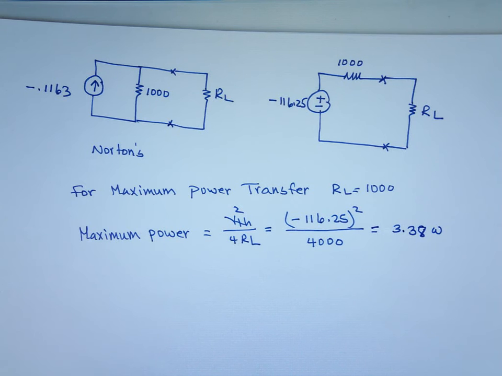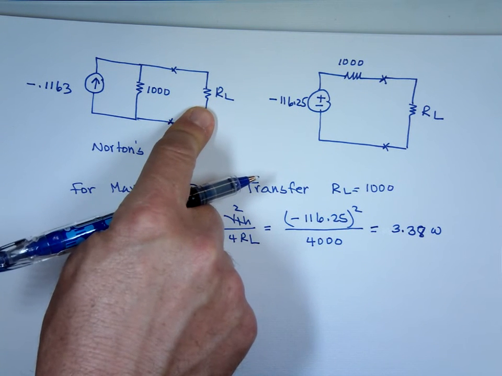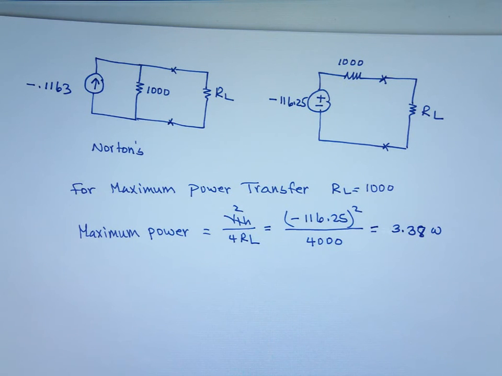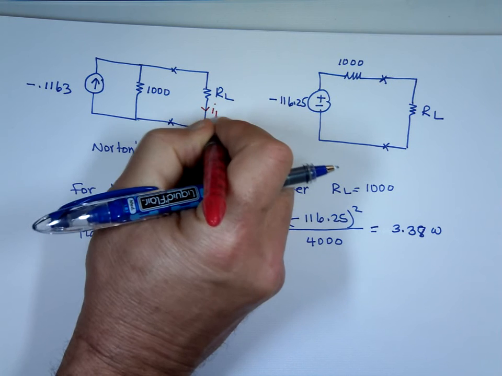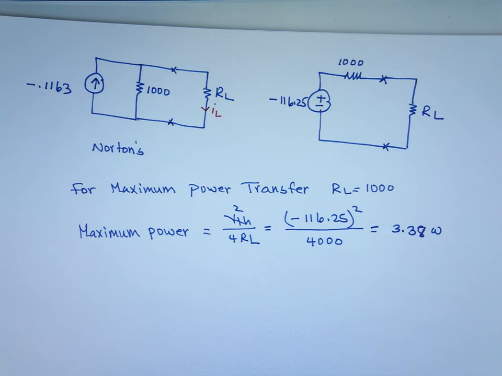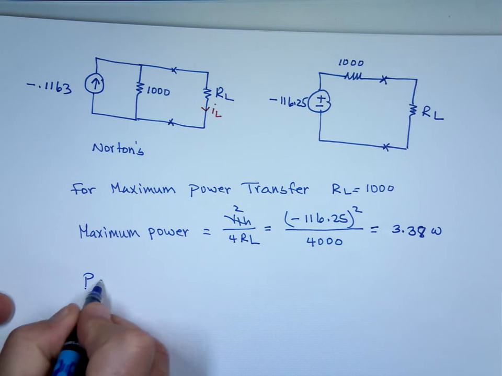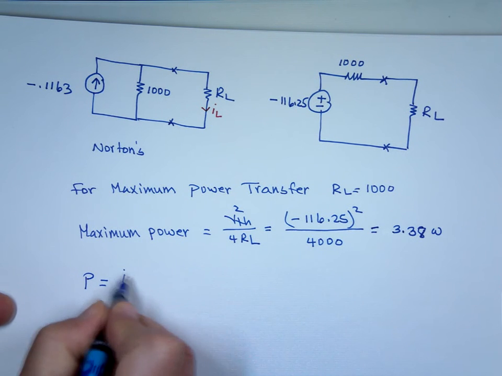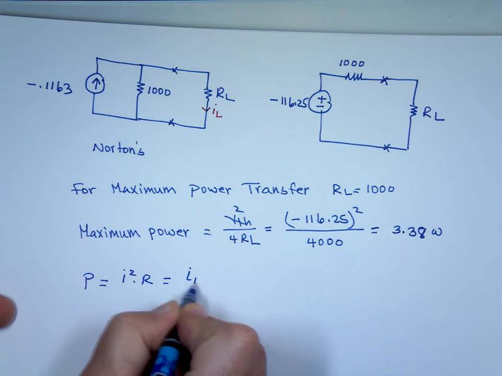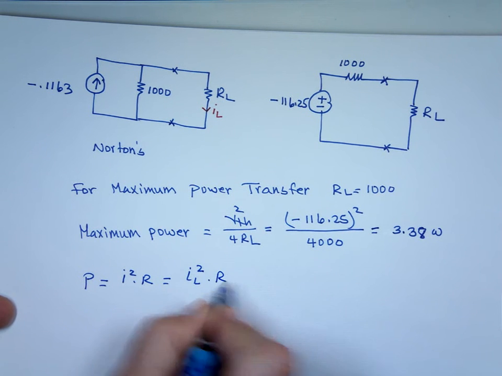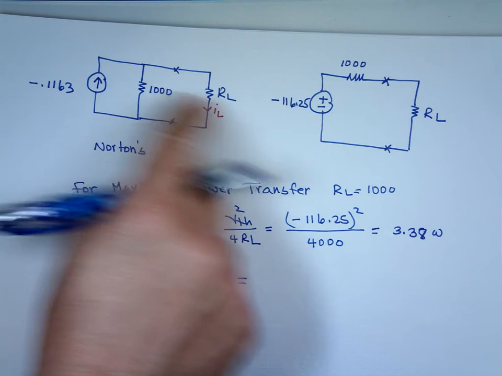If I was doing that circuit, I need to find the current through R sub L. The current I sub L is going to be half the current, since these resistors are equal. So I sub L is going to be half of I short circuit. Remember, power equals I squared times R. So in this case, I sub L squared times R. What is I sub L? Isn't that half of this current? When these are equal, it's going to be half of that.